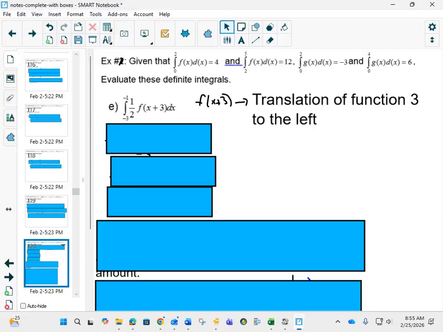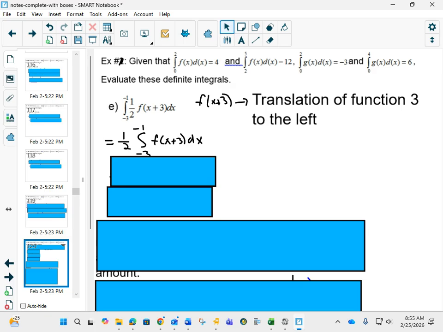So if my area between, say, 2 and 5 was 10, and I moved that whole graph 3 units to the left, now that area between negative 1 and 2 is still 10. Because I just shifted my graph over, but the area under the curve, if you're moving it left and right, would not change.